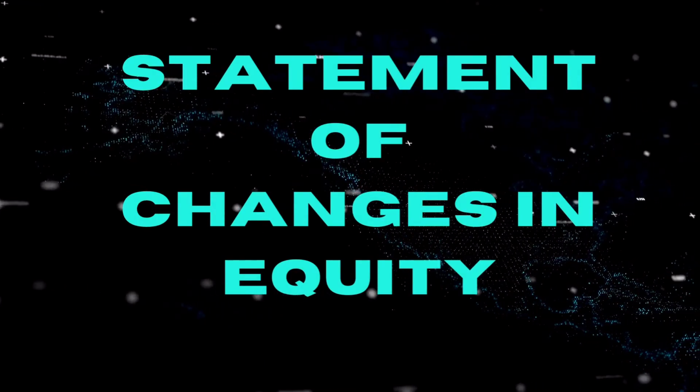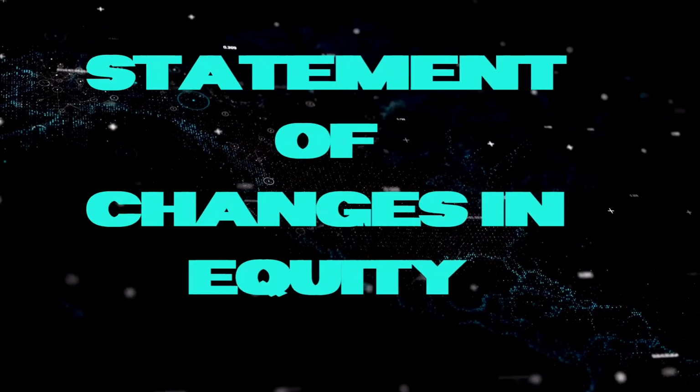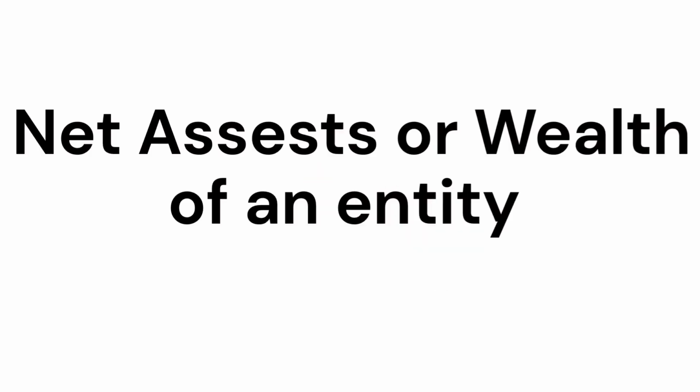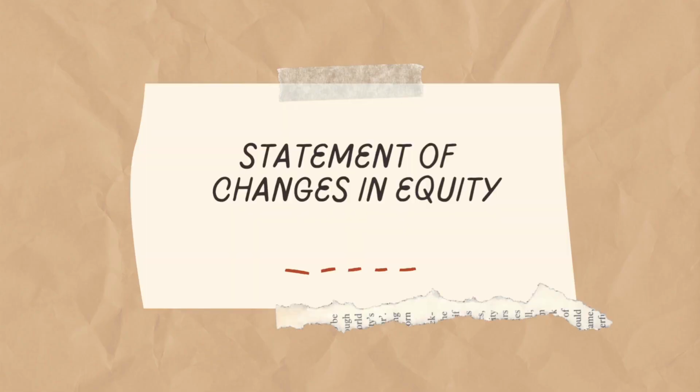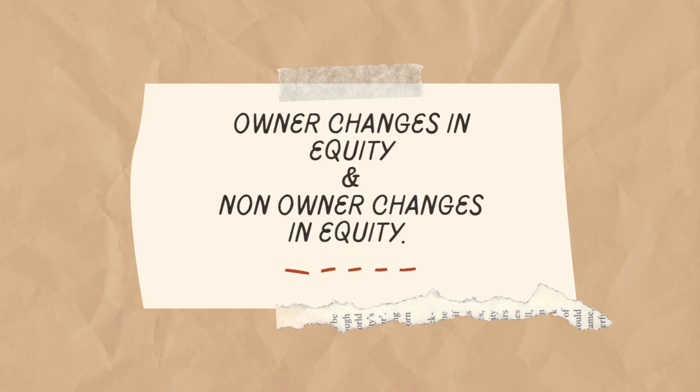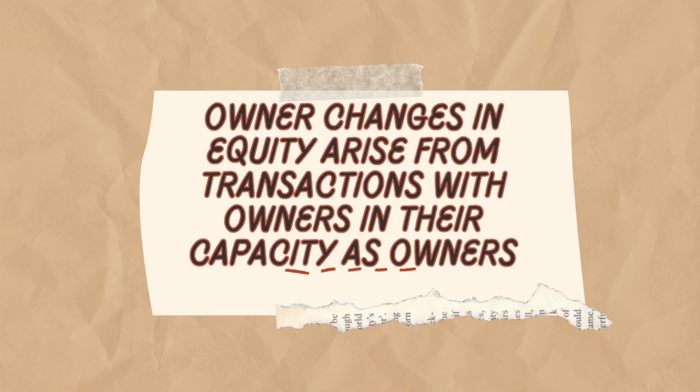The statement of changes in equity reflects the increases or decreases in the net assets or wealth of an entity for a period of time. The statement of changes in equity presents changes in equity separated into the following: owner changes in equity and non-owner changes in equity.